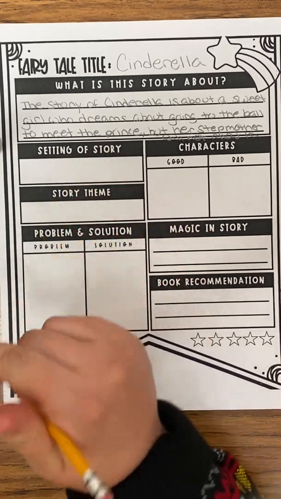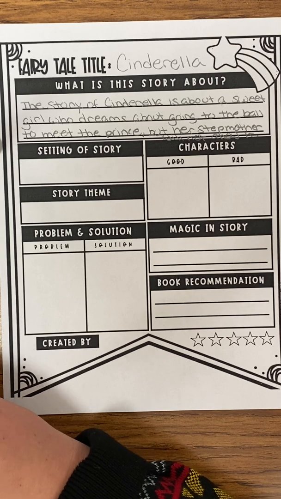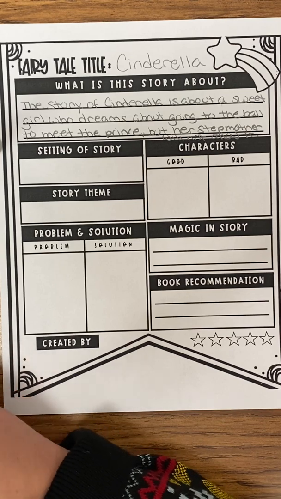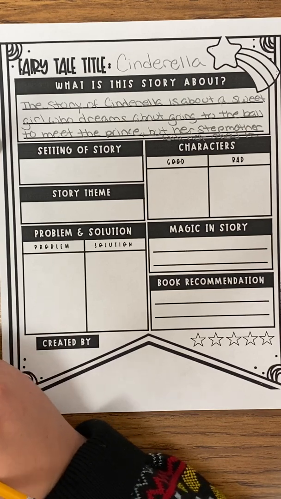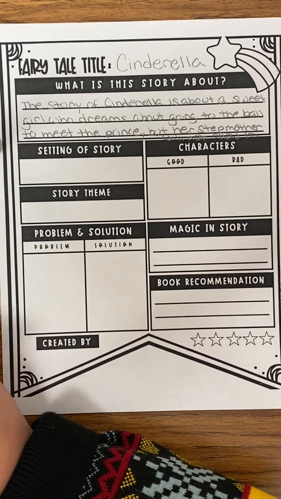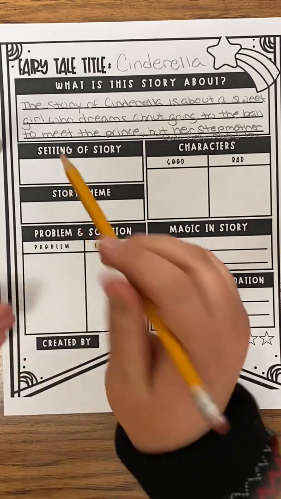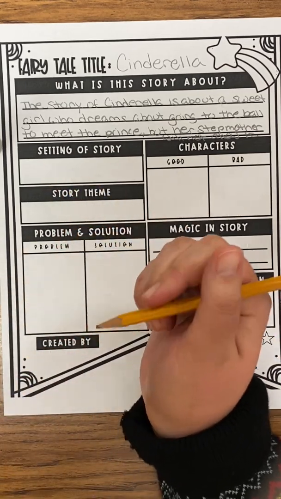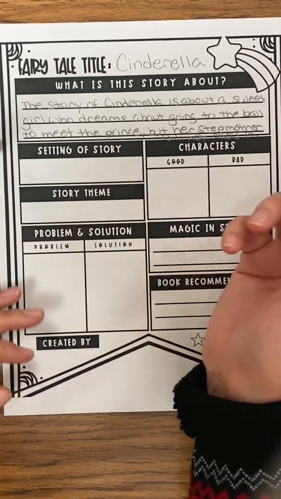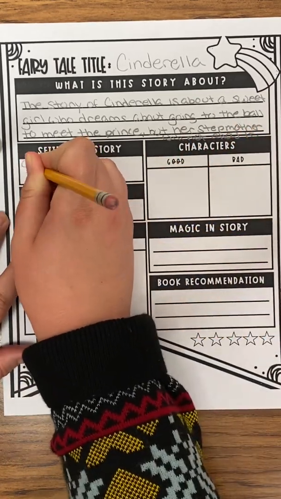Okay. So now, the setting of the story. Boys and girls, remember the setting of any story is basically where the story is taking place. The setting was in different parts of the story. So we're just going to fill in a couple of things. In the story, it was at Cinderella's home. So we'll write that.